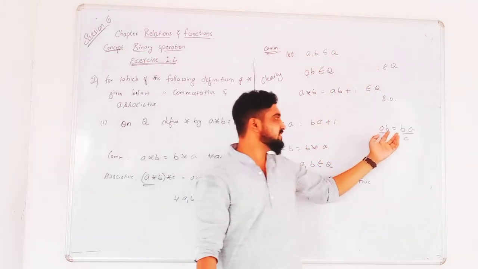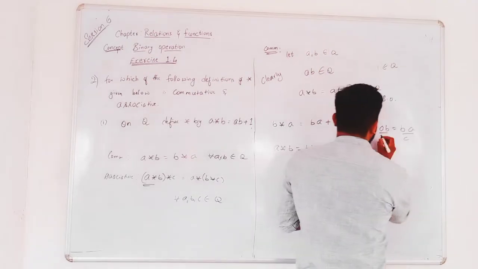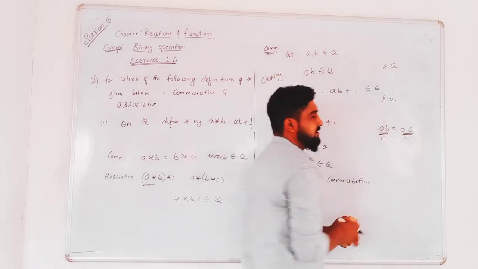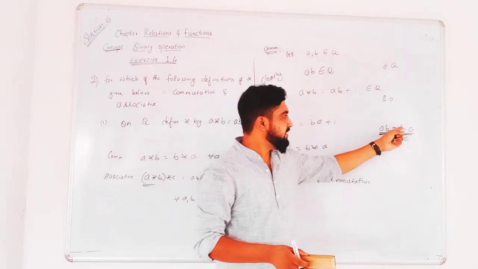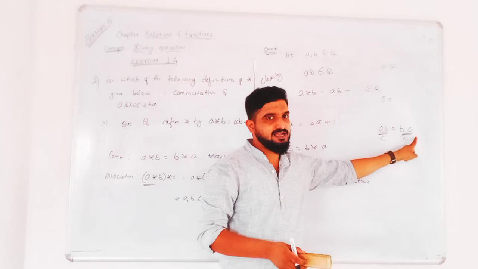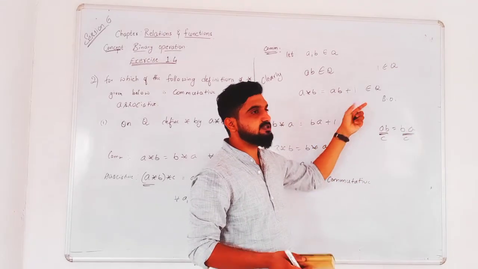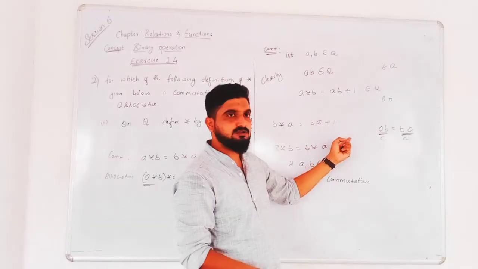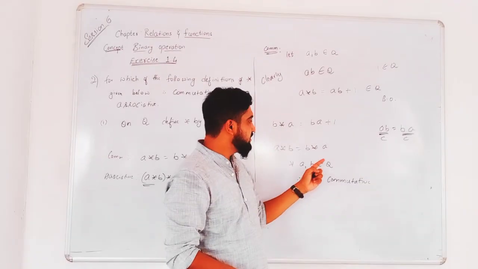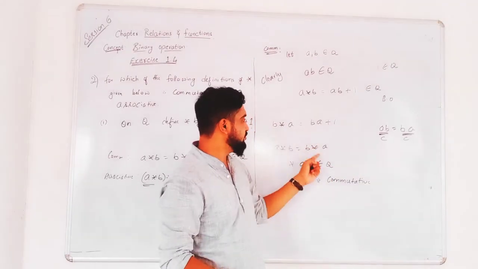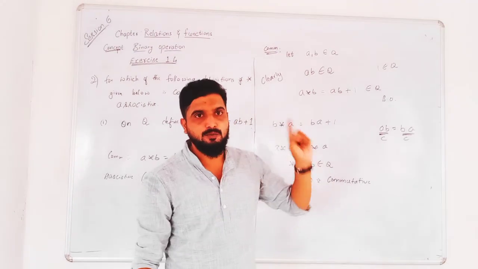Let me take ab as c. Then this is also c. So ab plus 1 is the same answer as ba plus 1. So for all a, b belonging to rationals, a star b is equal to b star a. That's why this star is commutative on rationals.